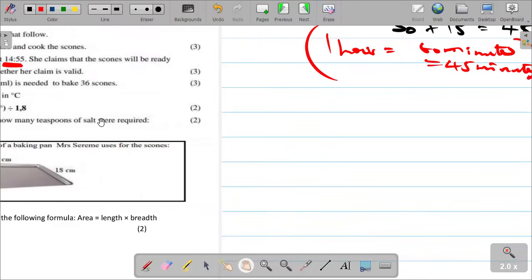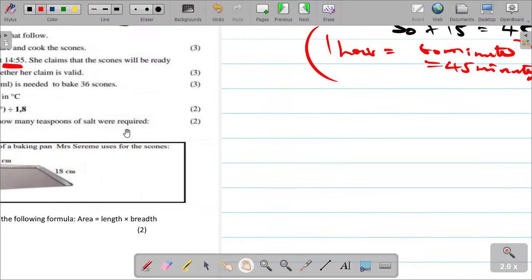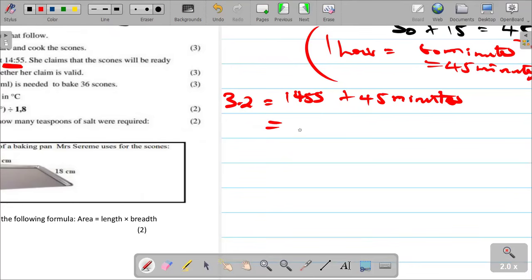For us to know when the scones will be ready, question 3.2: we take 14:55, when she starts, plus 45 minutes, the whole time she is going to use for the scones to be ready.